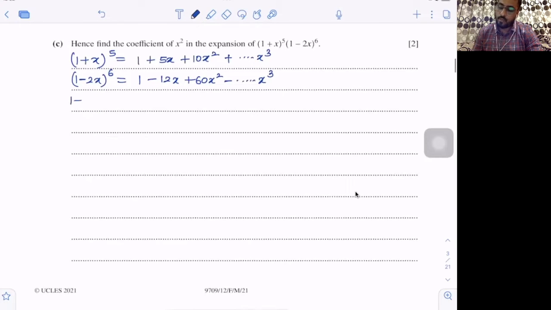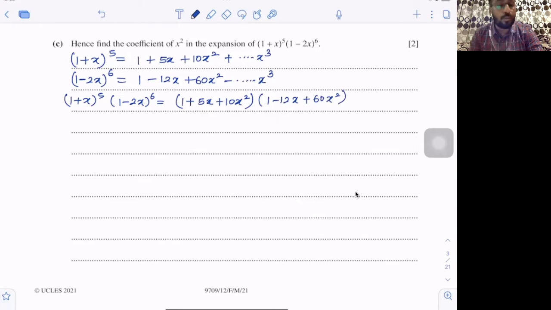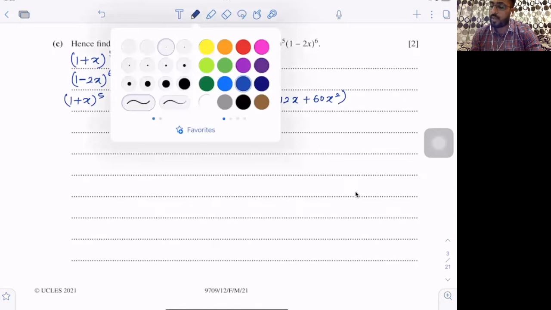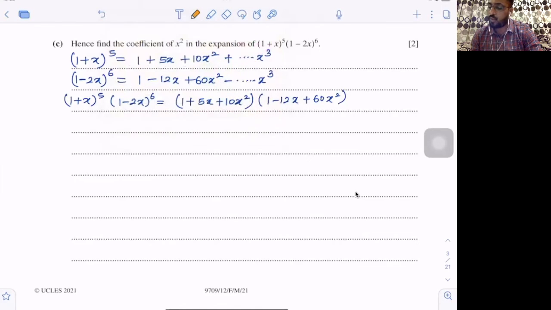So 1 plus x to the power 5 multiplied with 1 minus 2x to the power 6, you get 1 plus 5x plus 10x square. That's the expansion of the first term, containing only the first three terms. And then I have 1 minus 12x plus 60x square. So I'm going to open the bracket, students. I know that the first term 1 multiplies with every single term that is present over here.